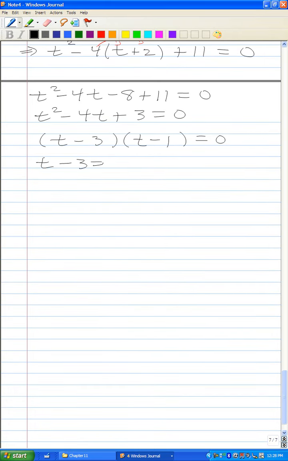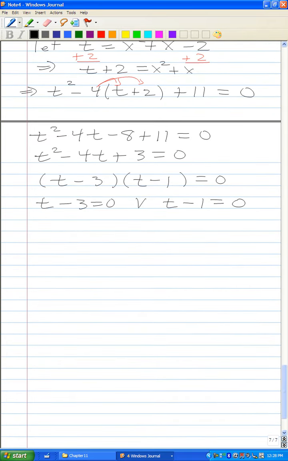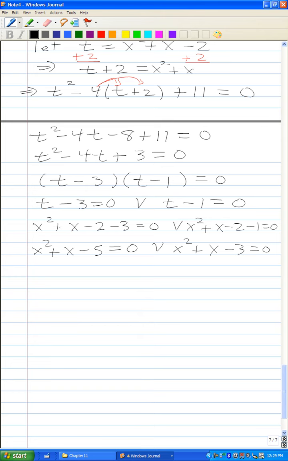So t minus 3 is 0, or t minus 1 is 0. Notice that t is x squared plus x minus 2. And so I have x squared plus x minus 5 is 0, and x squared plus x minus 3 is 0.